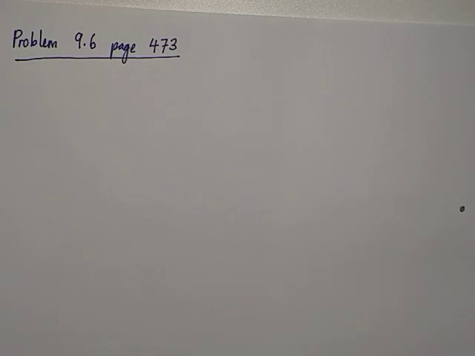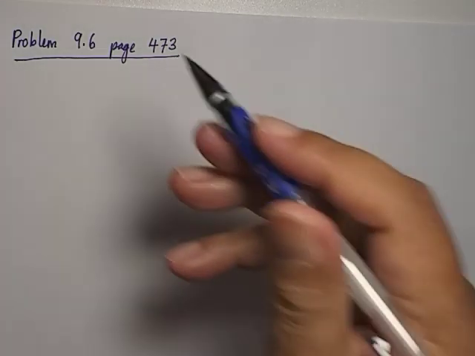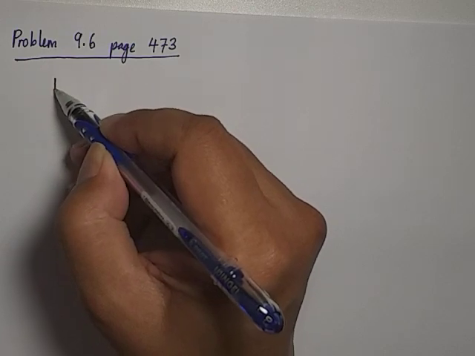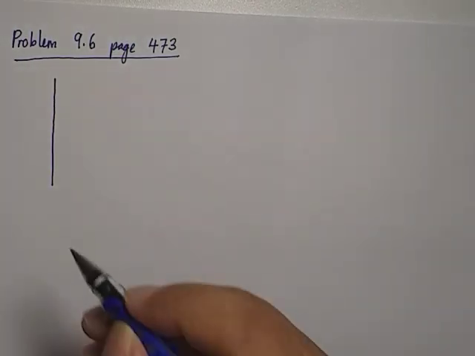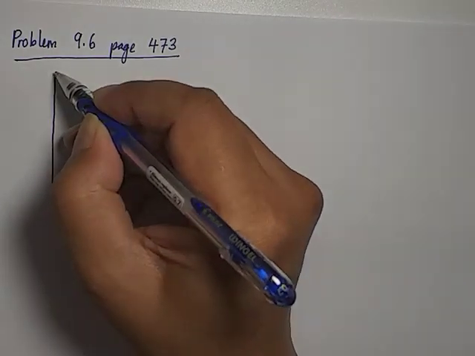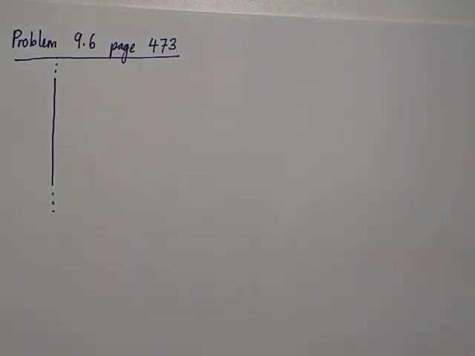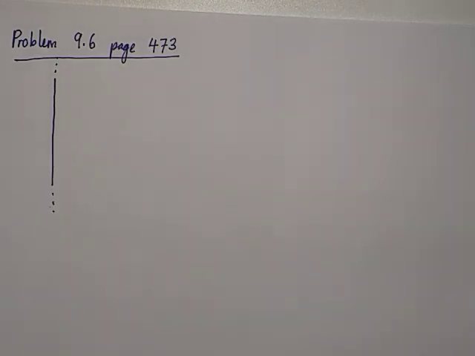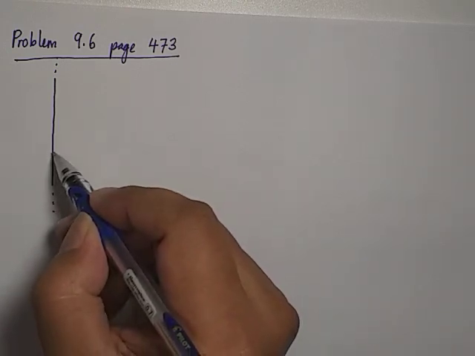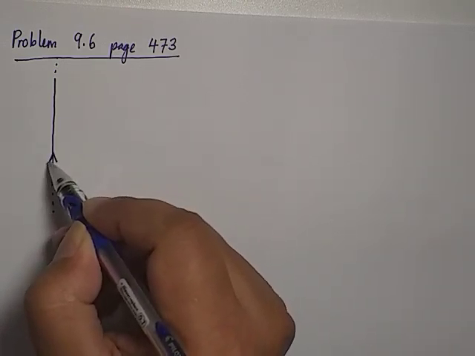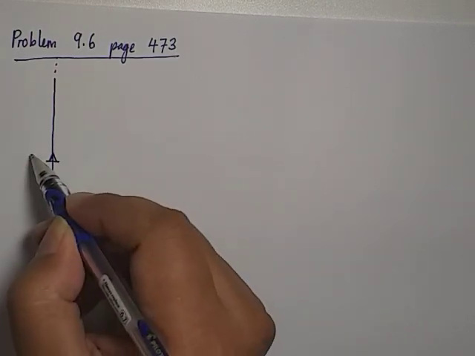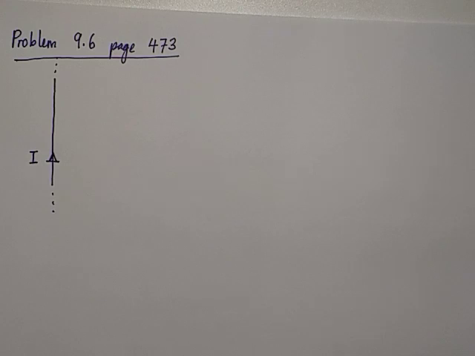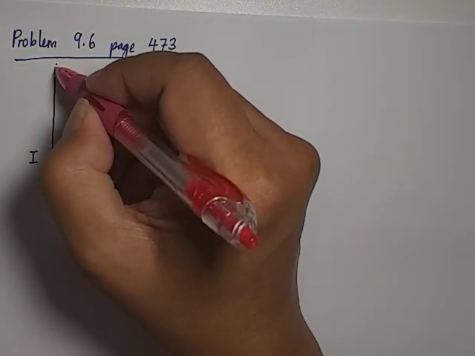So what you have in this problem is the first conductor, an infinite line conductor. That is the first information given by the problem. The first conductor is a straight line and infinitely long. The second information given is that the current passing through is a constant I ampere. To make it a bit easier to solve, we're going to add a coordinate.